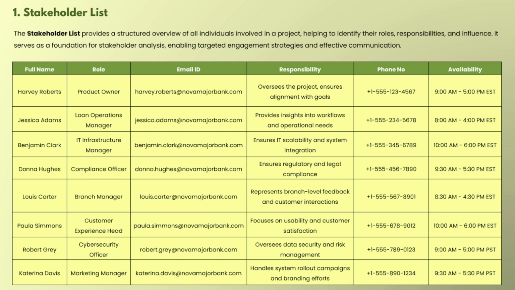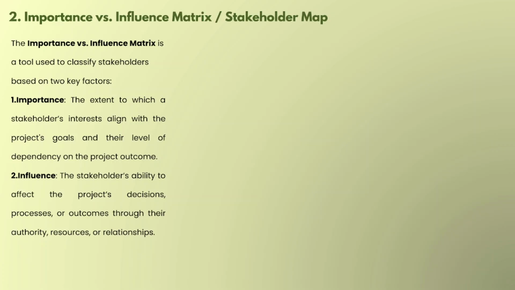Now let's see the second method of stakeholder analysis, the importance versus influence matrix, also known as the stakeholder map. The importance versus influence matrix is a tool used to classify stakeholders based on two key factors. First is importance. It is the extent to which a stakeholder's interest aligns with the project's goals and their level of dependency on the project outcome.